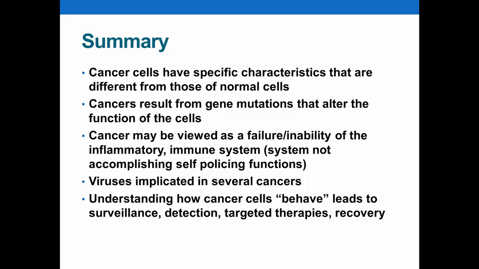So we can look at cancer as a failure of the inflammatory or immune system to accomplish its self-policing functions. We know that viruses have been implicated in several cancers. We talked very briefly about HPV and hepatitis B and C. But understanding how cancer cells behave leads to surveillance, detection, targeted therapies, and recovery.